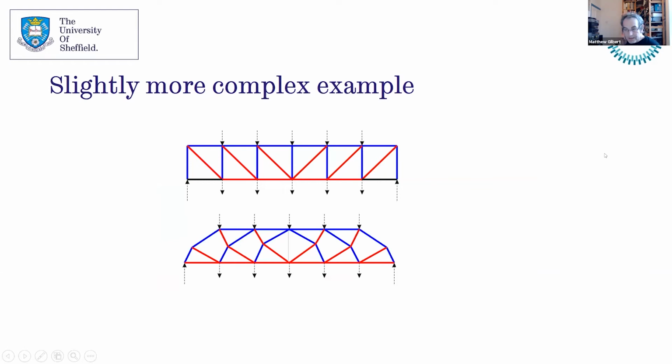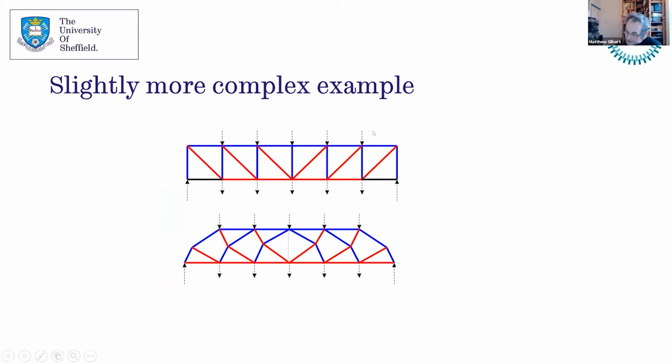A slightly more complex example is shown on the next slide, where we've got again a spanning structure. We've got supports at the ends of the structure, and then we've got a series of point loads in the span.